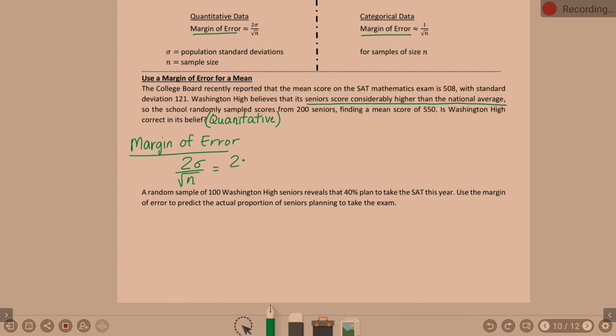Standard deviation, 121. So 2 times 121 over square root of n. What's n? Sample size, which in this case is 200. Grab your calculators, do the math: 2 times 121 divided by the square root of 200.